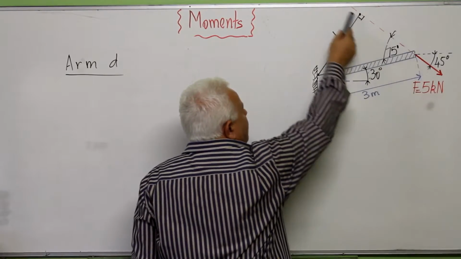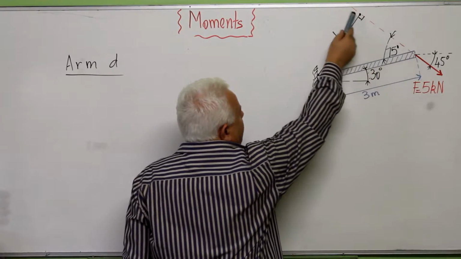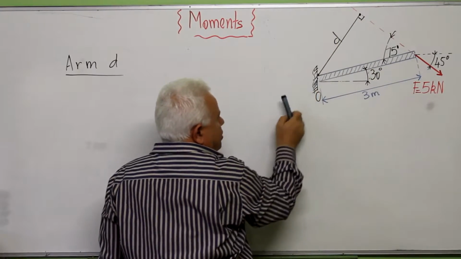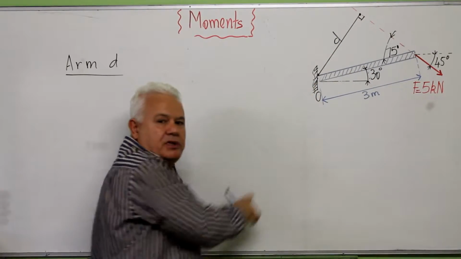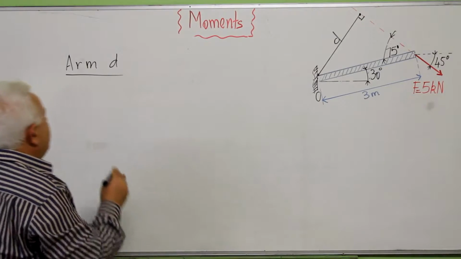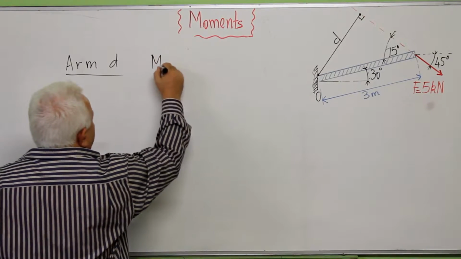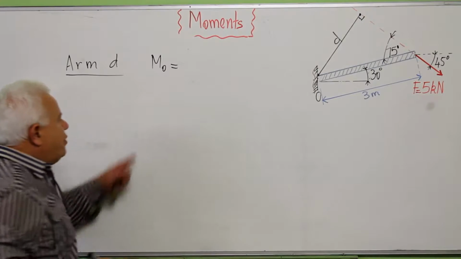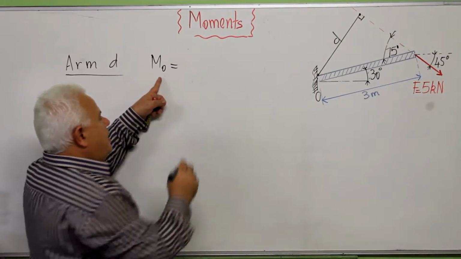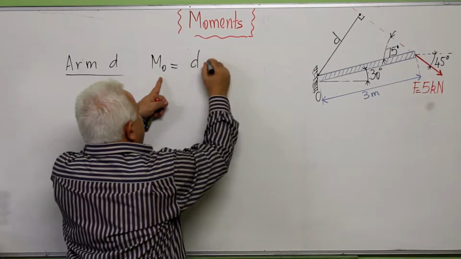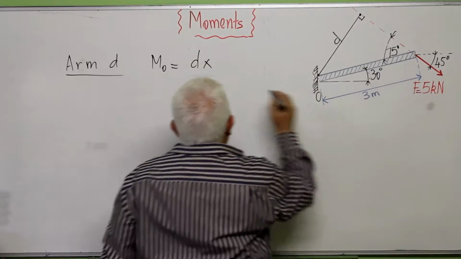We follow the line of action of the force, and we draw the perpendicular to the point where we want to calculate the moment. So the moment about O is D times the force.